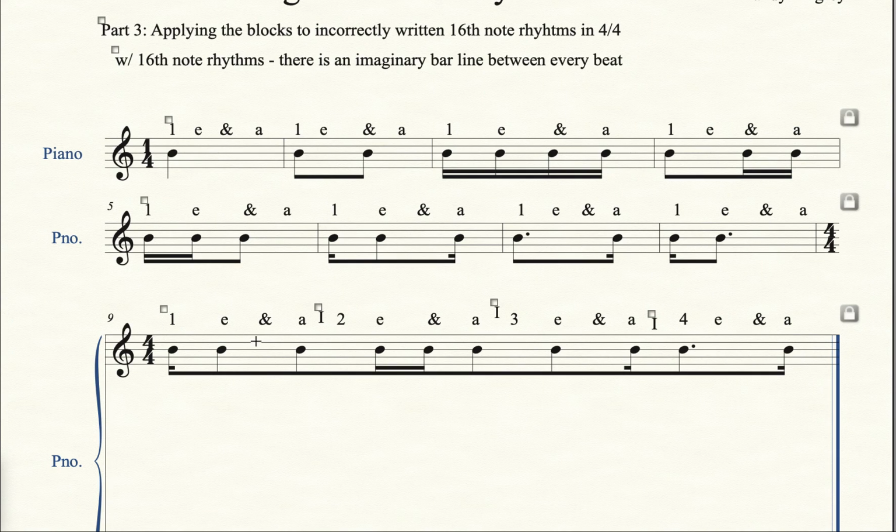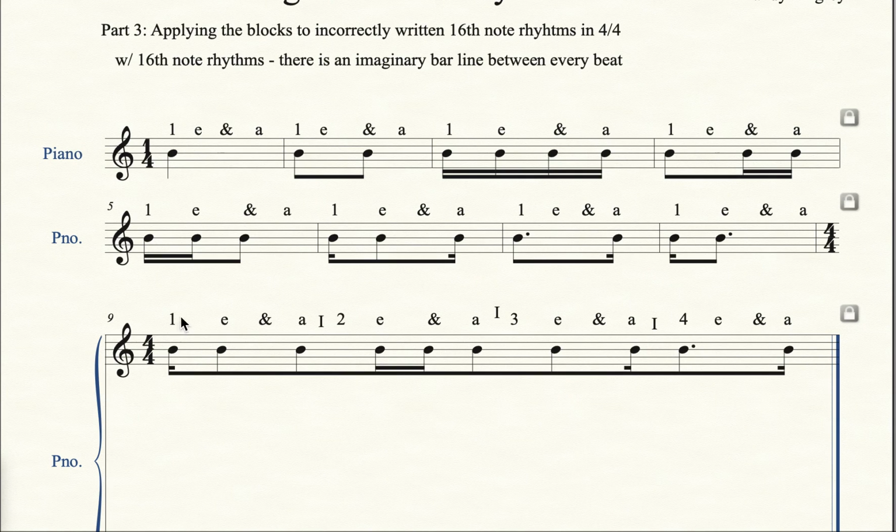So now we can use these basic building blocks of rhythm to write this incoherent rhythm a little bit more coherently. So beat 1 is its own island of information. So we need to find a subdivision that matches 1 E and. So we're essentially going to break this 8th note into two parts. The part before the imaginary bar line tied to the part after the imaginary bar line.